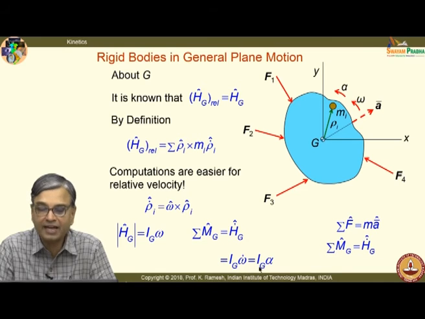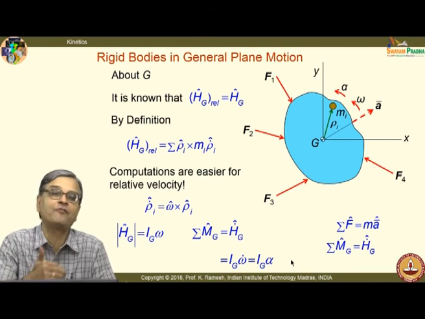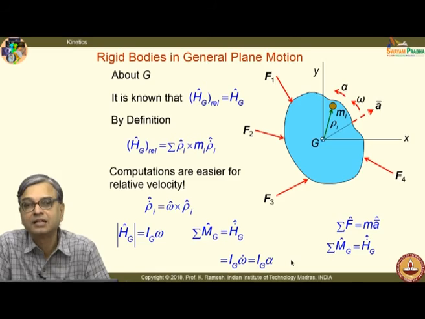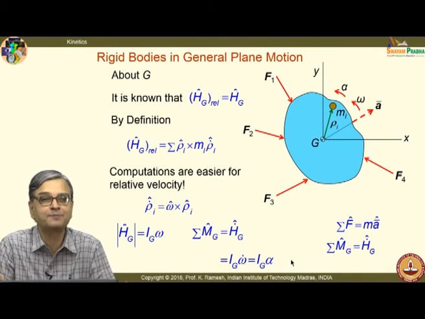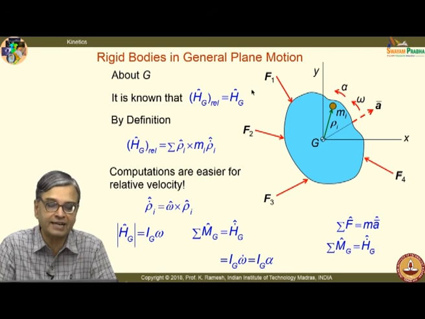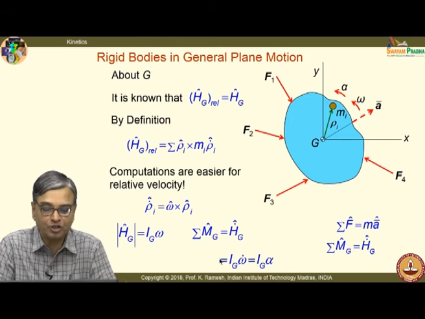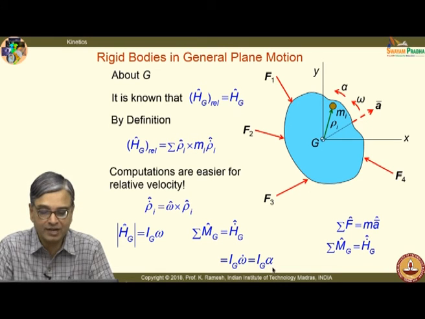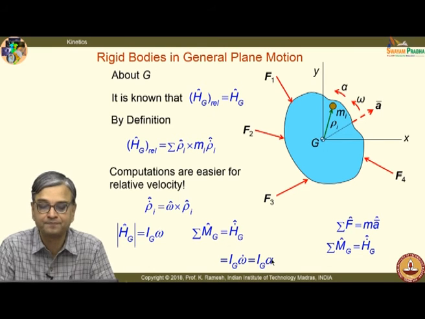Omega dot is nothing but alpha. This is one way of deriving the expression. We have taken the advantage of our earlier identity Hg equal to Hg rel. I can also do it from another fundamental perspective. We will derive this expression both ways. Here I have used this identity, and I could directly come and say that Mg equal to Ig alpha. Okay. That is a final expression that will be of use to us repeatedly.